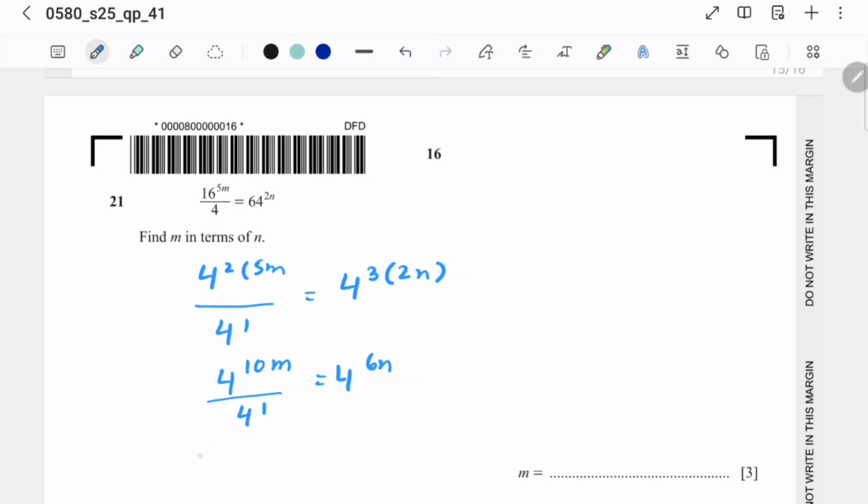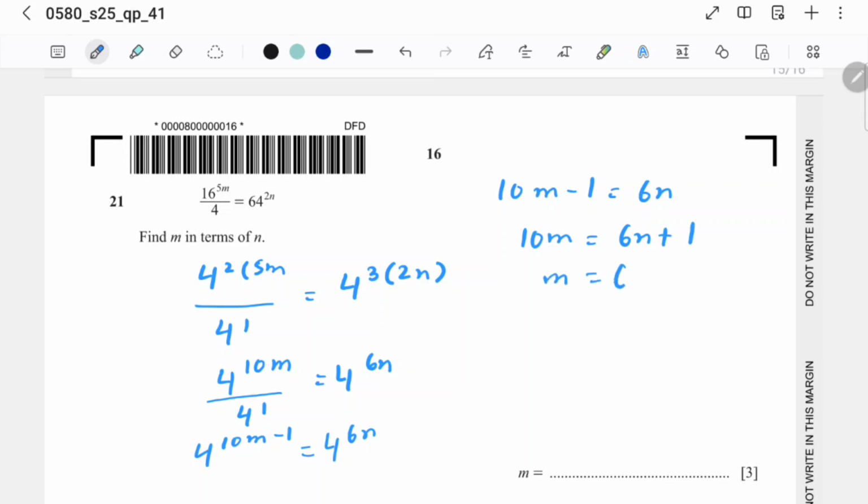So 4 power 10m minus 1 is equal to 4 power 6n. We made the same base, now the powers we just compare. 10m minus 1 equals 6n. 10m equals 6n plus 1, and m equals 6n plus 1 upon 10. So we found the value of m in terms of n.